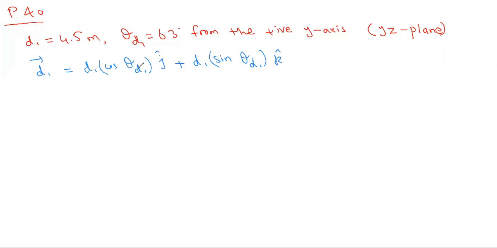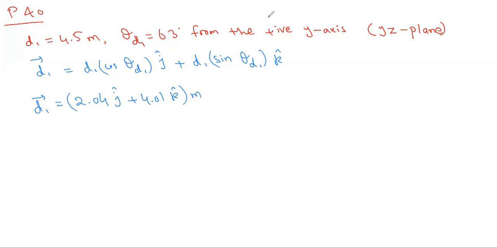So theta d1 will just be 63 degrees. Now in this plane we are finding the angle not with the positive x-axis but with the positive y-axis, so I do not have to add or subtract anything from the given angle. By plugging in the values, I will find d1 to be 2.04 j hat plus 4.01 k hat in units of meters.